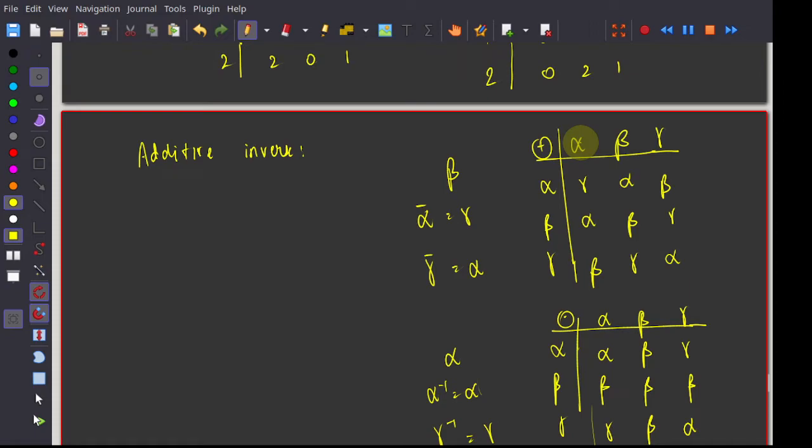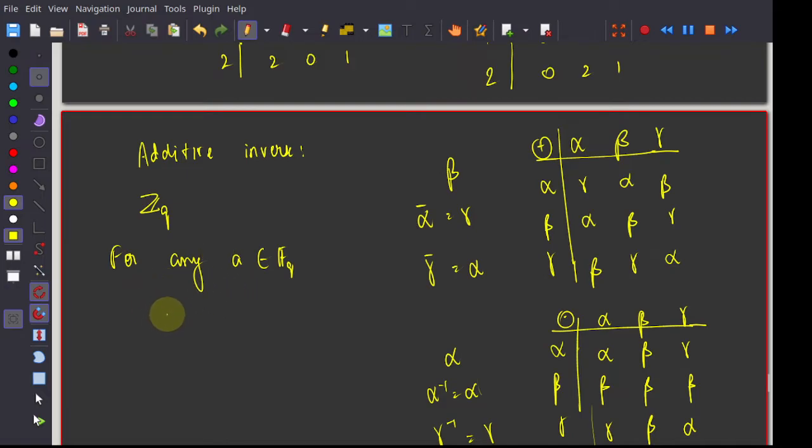Okay. So now we have ZQ for general Q. What do you think should be the additive inverse of a particular element? Take any element A. So basically A is between 0 and Q minus 1.